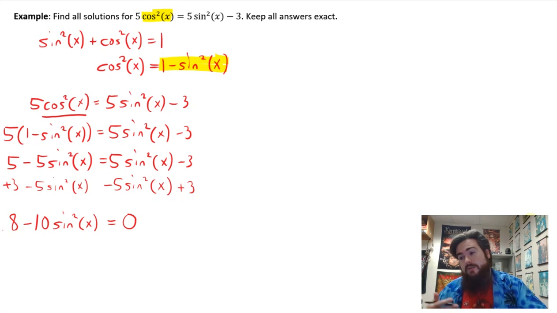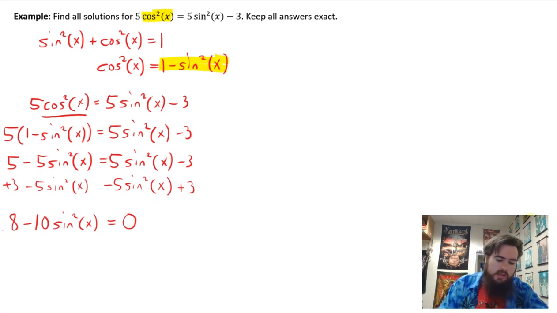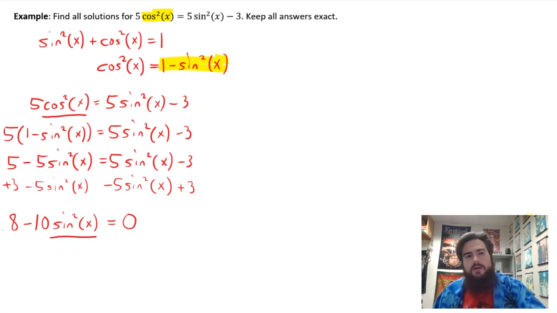Now at this point, if you still want to do substitution, you can, but you probably don't need to here because we really only have one term that involves a trigonometric function. So, all we really need to do here is work to get sine of x by itself, and then evaluate x from there.